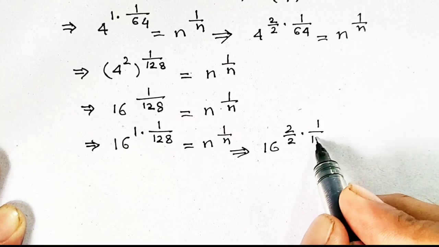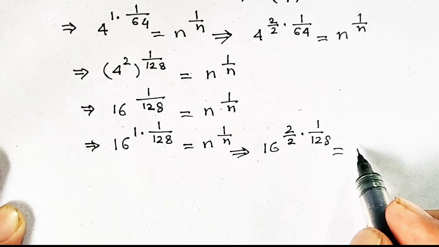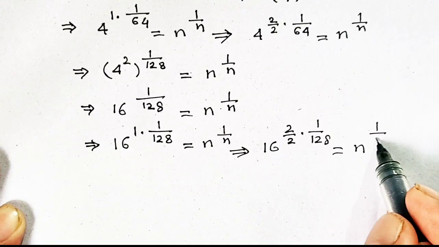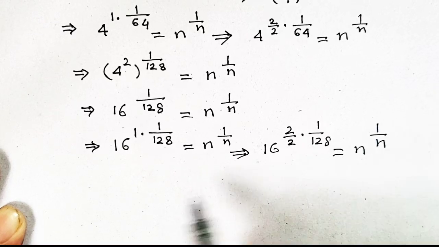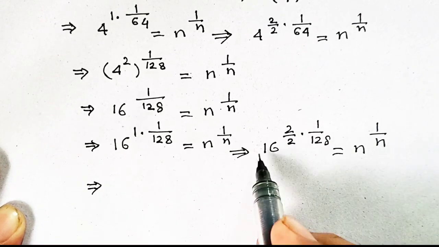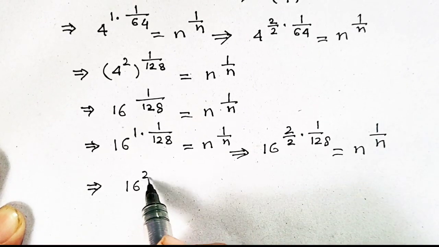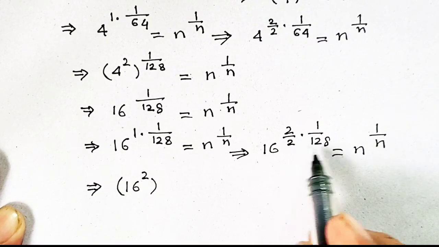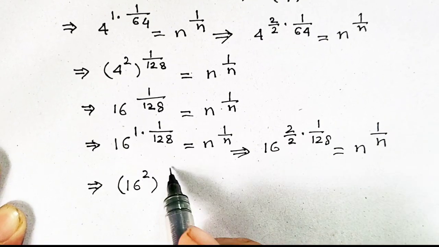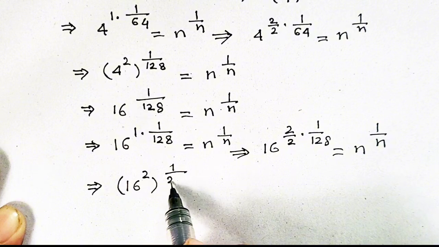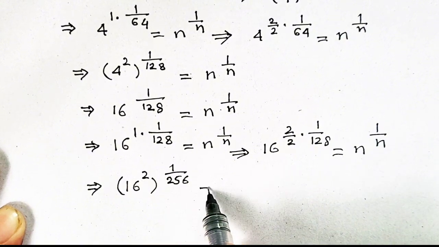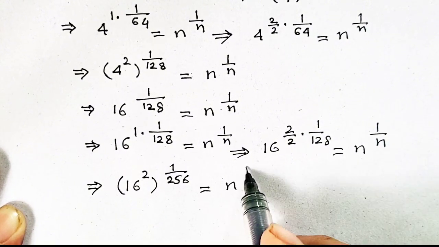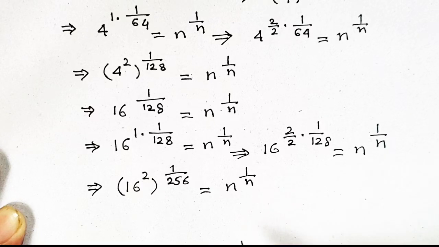So it is 1 over 128, and here is n power 1 over n. Now we will rewrite this one as 16 square inside the bracket, and this 2 is multiplied with 128. We will get 256, and in right side we have n power 1 over n.